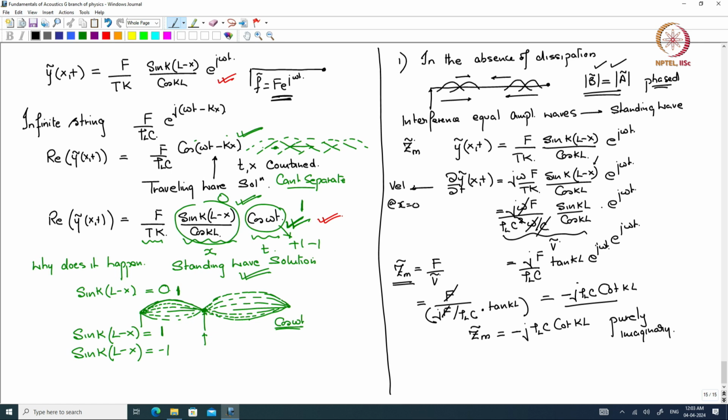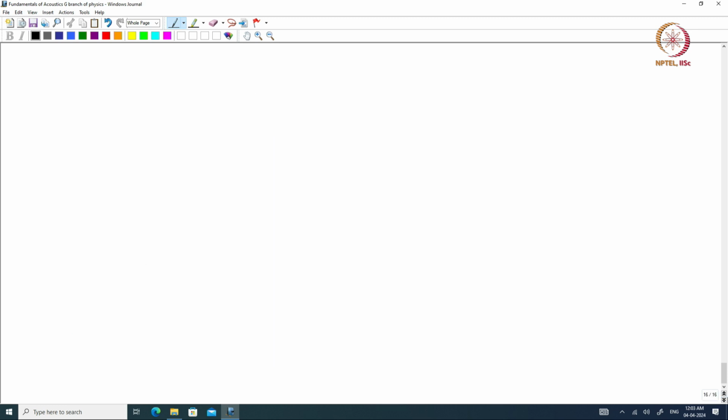So, let us see what this means. The Z mechanical is minus j rho L c cot kL. Now, what is happening? My Z mechanical was supposed to be, could be complex, with a real part and an imaginary part.